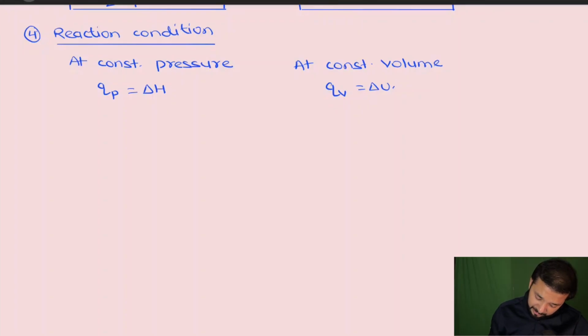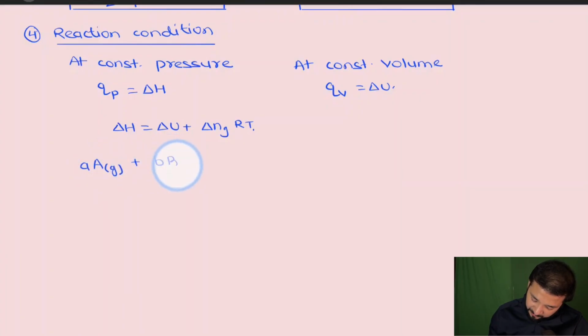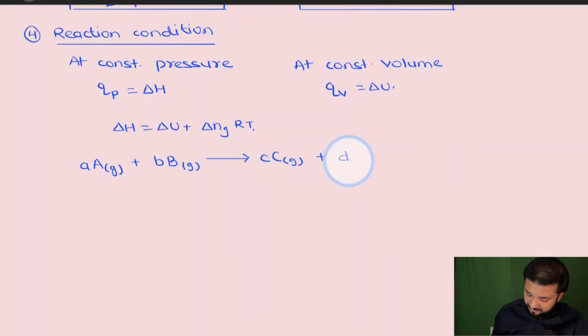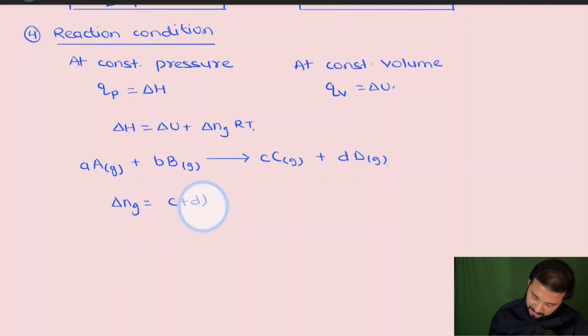So we can write the relation: delta H is equal to delta U plus delta Ng RT. Let's say I'm having a reaction like a A gas plus b B gas giving us c C gas plus d D gas. For this reaction, delta Ng will be equal to c plus d minus (a plus b).